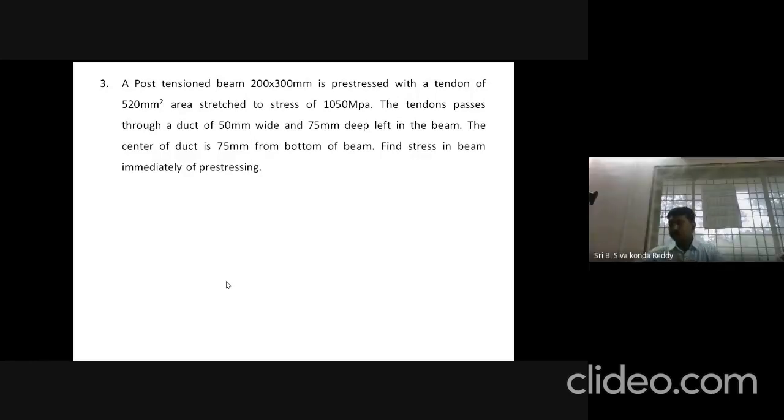A post-tensioned beam 200 by 300 mm is pre-stressed with a tendon of 520 mm square area stretched to stress of 1050 megapascals.